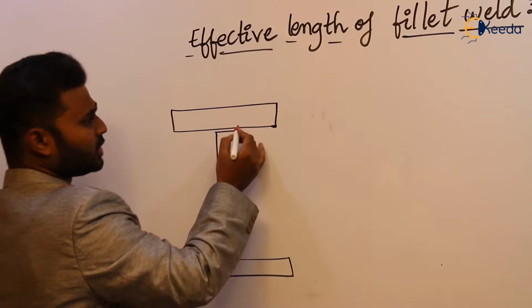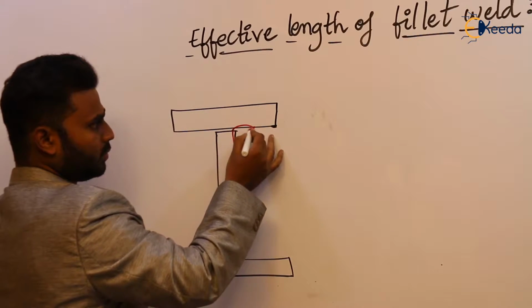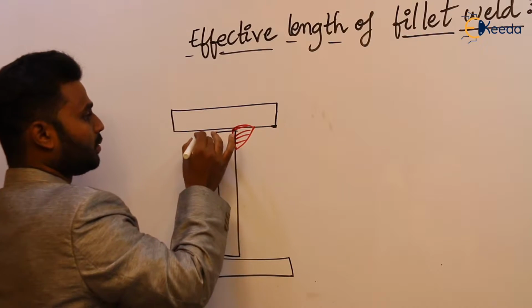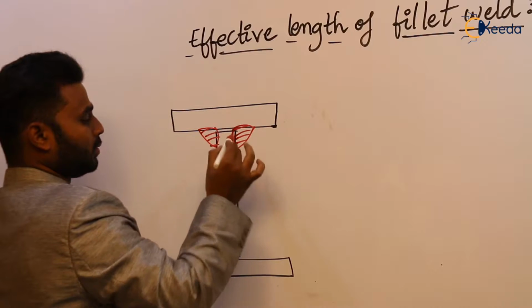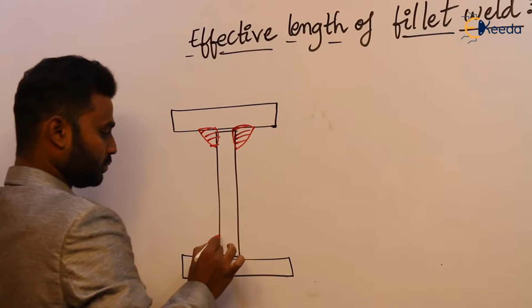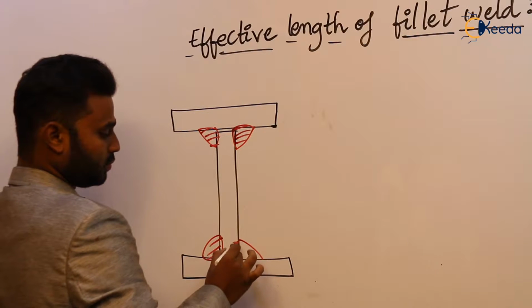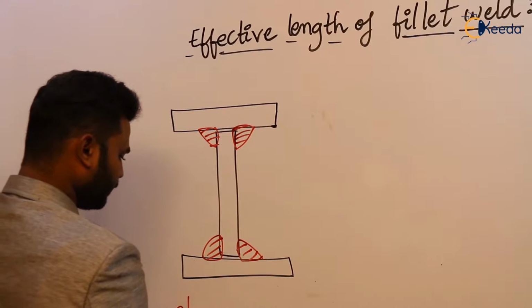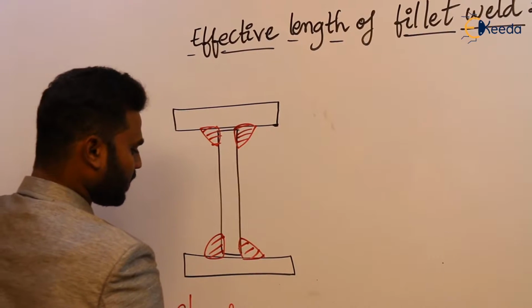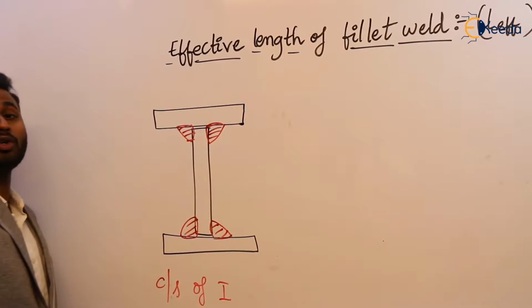So in this cross section, we can see the cross section of the fillet weld. This is the cross section of the I. Now I'm going to show you the front view.